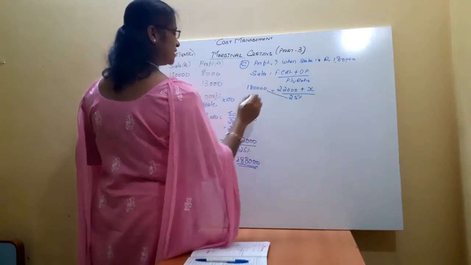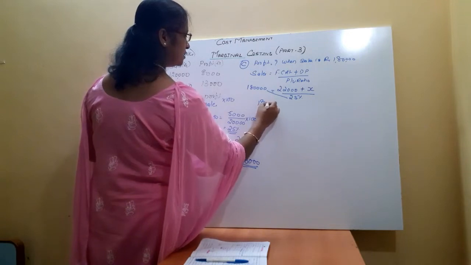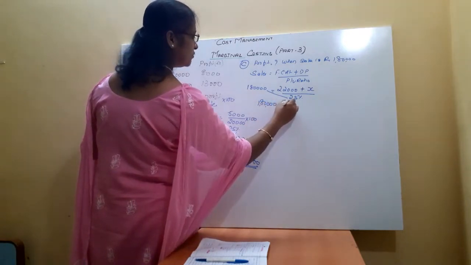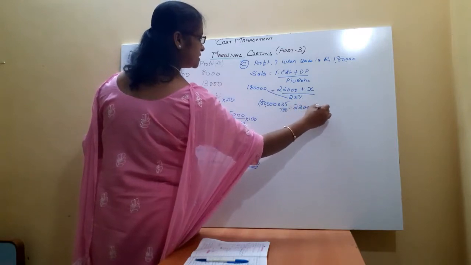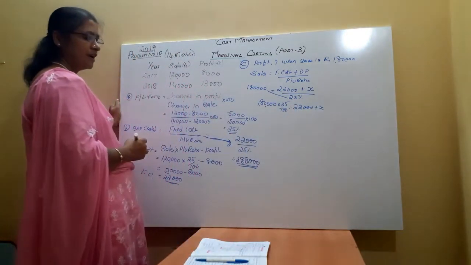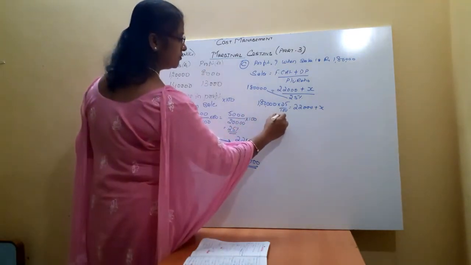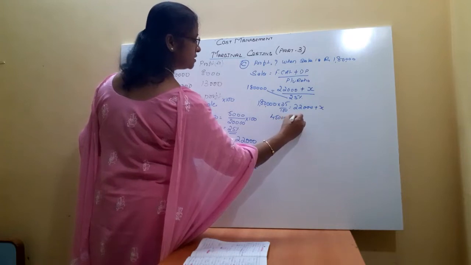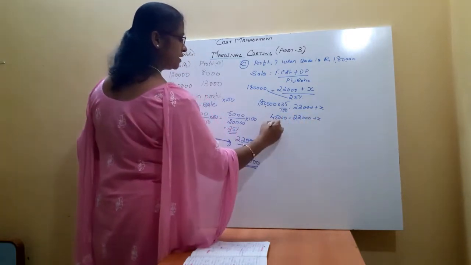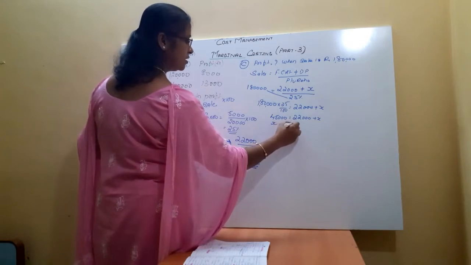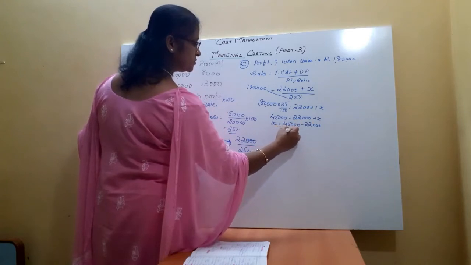So when we cross multiply, we get 1,80,000 into 25% is equal to 22,000 plus X. So 1,80,000 into 25% we get 45,000 is equal to 22,000 plus X. So when X is taken to the other side, we get 45,000 minus 22,000, which is 23,000.